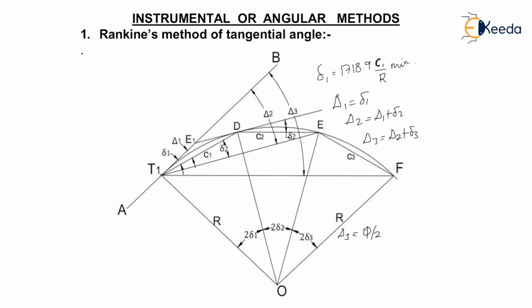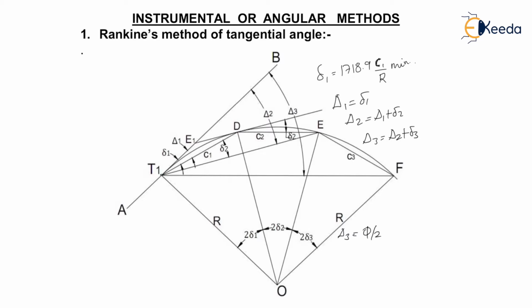After this, unclamp the upper plate and set the vernier to the second angle, total delta 2. Now we know delta 2 and we have to set point E. From D, take a length of chain equal to C2, your second chord length, and swing the chain so that it bisects the line of sight at point E. Then E will be our second point.